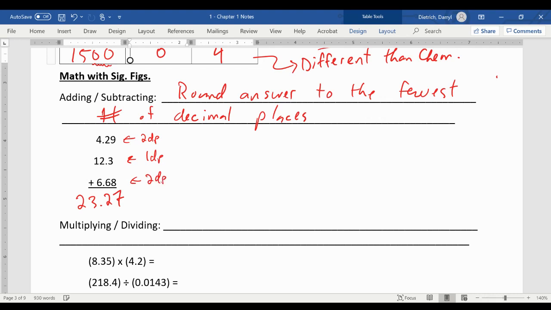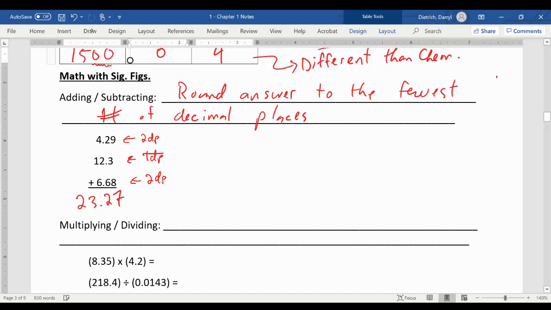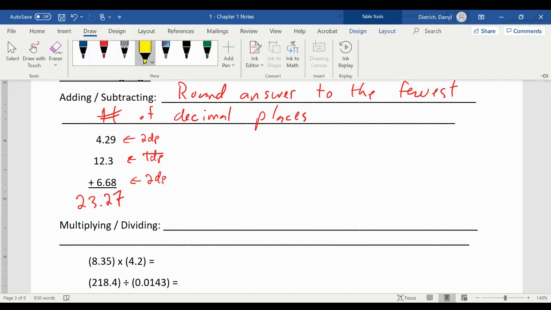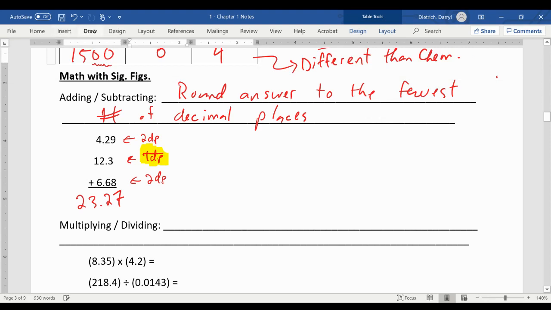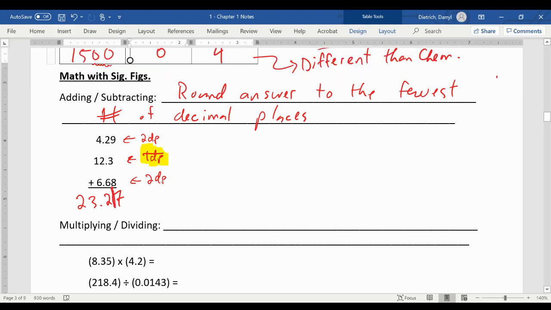So we would have to chop this answer to the fewest number of decimal places, which is 1. I like to call this the chop line, and then 7 becomes our rounding digit. So we would state this number as 23.3.